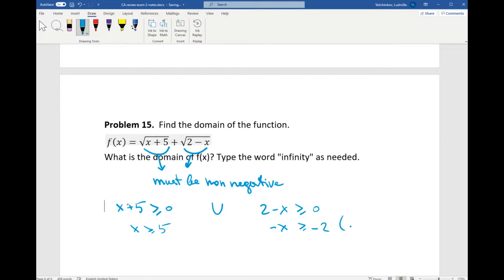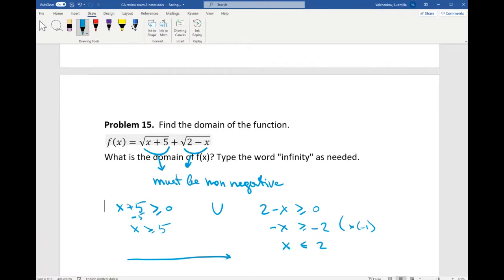When you multiply the inequality by negative 1, remember you change the sign, so x is less than or equal to 2. Let us draw these two conditions on one number line. Okay, here is the mistake.